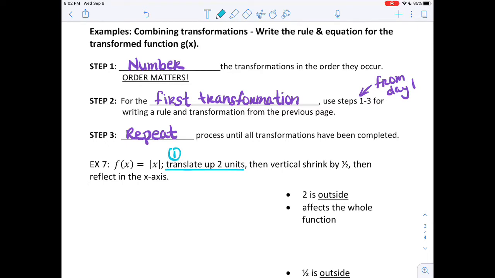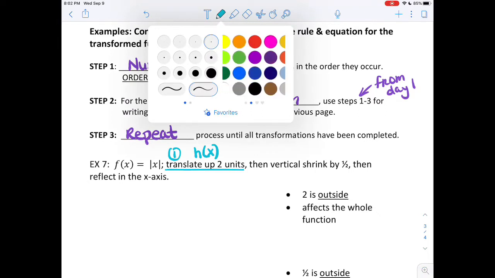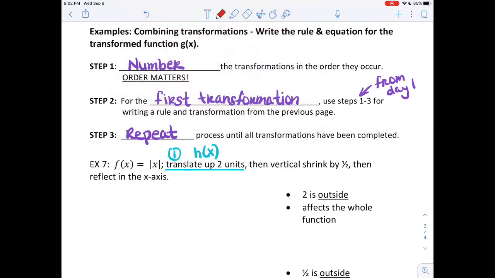We want our final transformation to be called g of x. Our original transformation is called f of x. So I'm just going to pick a couple more letters right in that same area of the alphabet for these intermediate transformations. So I'm going to call transformation 1 h of x. The second thing that we are doing to this function is that we are vertically shrinking by 1/2.